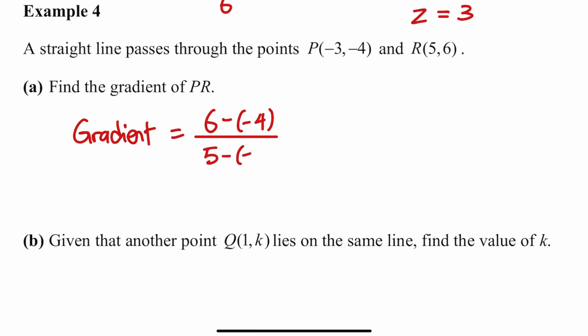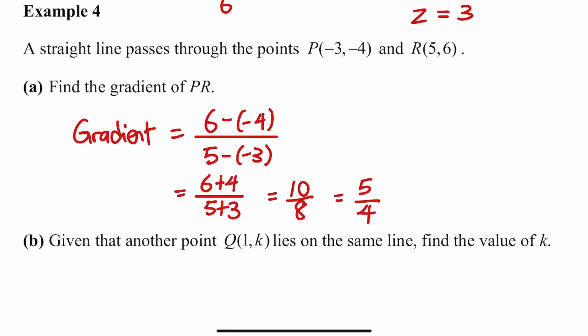Then I work out this solution: 6 plus 4 divided by 5 plus 3. I'll get 10 over 8, which can be simplified to 5 over 4. This is for example 4a.